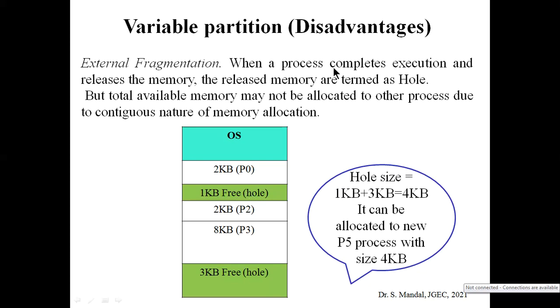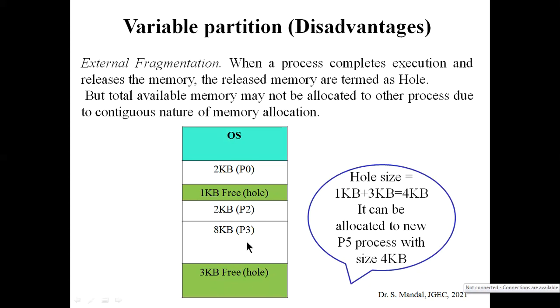So when a process completes execution and releases the memory, the released or free memory is termed a hole. You can see that there is a hole with a size of 1 kilobyte, and the other two processes, of 2 kilobyte and 8 kilobyte, are already allocated to P2 and P3.